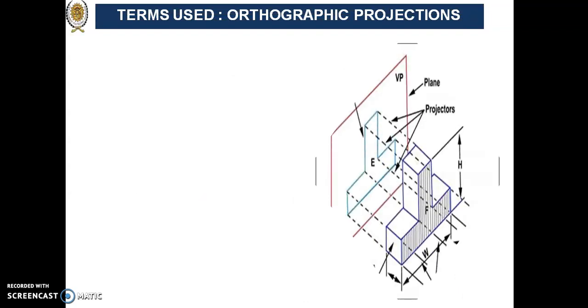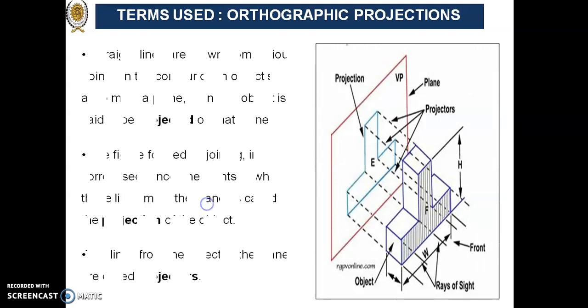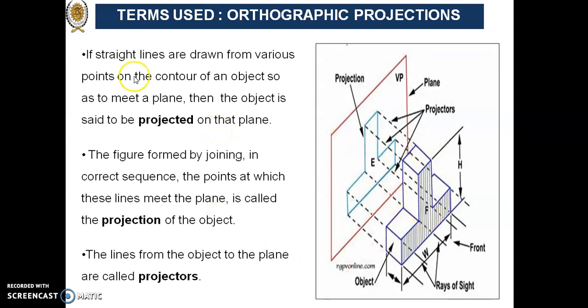My dear friends, please look at the figure which shows straight lines drawn from various points on the contour of an object so as to meet the plane. Then the object is said to be projected on the plane.